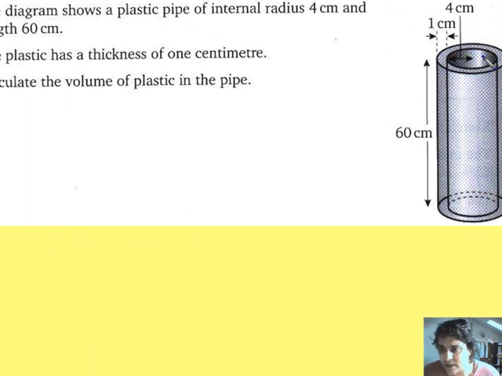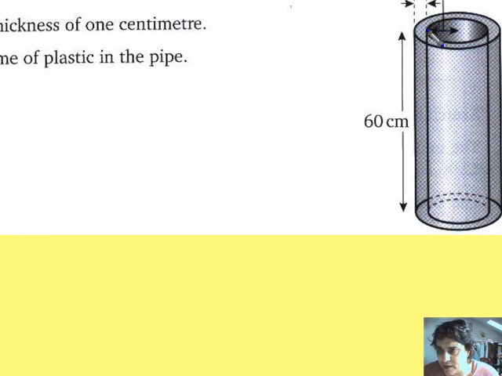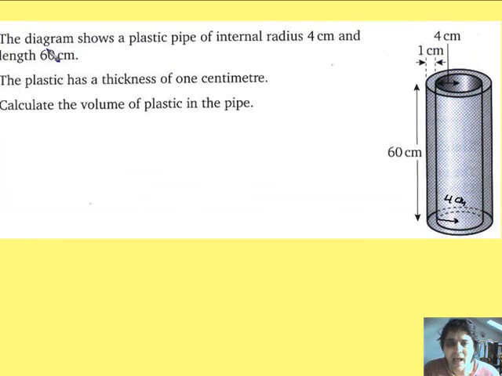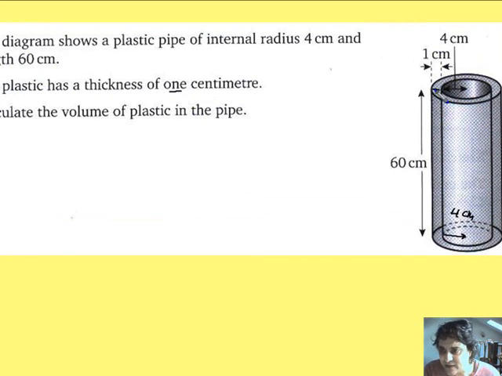The radius of this cylinder on the inside, from there to there, is 4 centimeters. And the plastic has a thickness of 1 centimeter. There is the extra 1 centimeter there. So the radius for the outer part, from the edge through the plastic to the middle again, is going to be 5 centimeters.